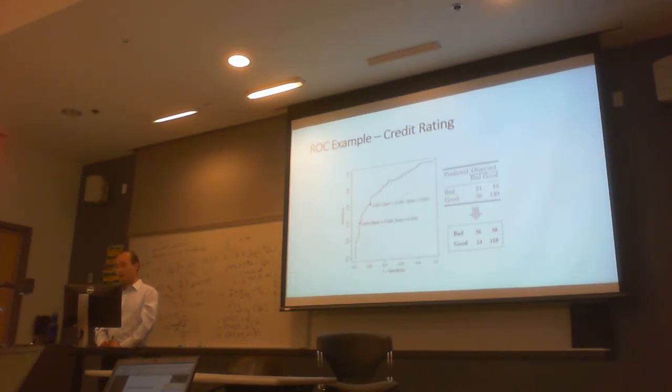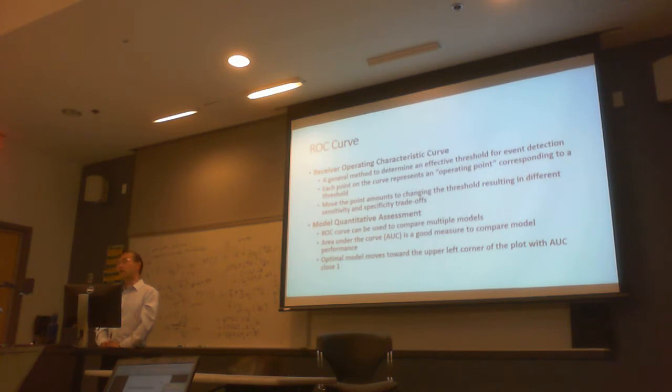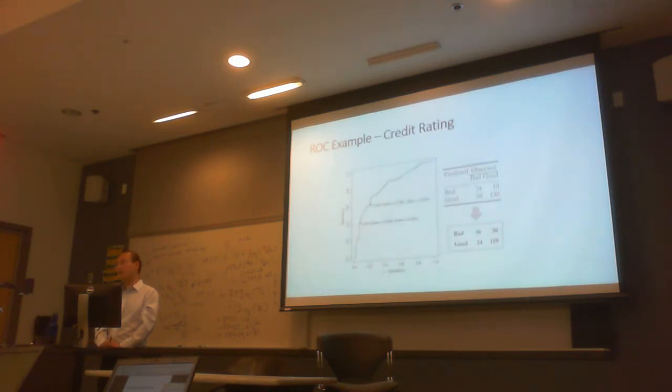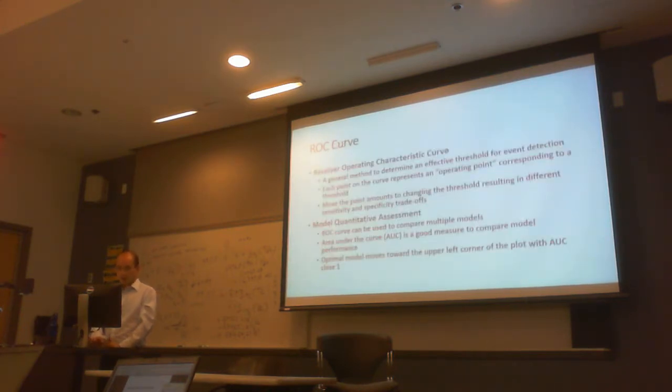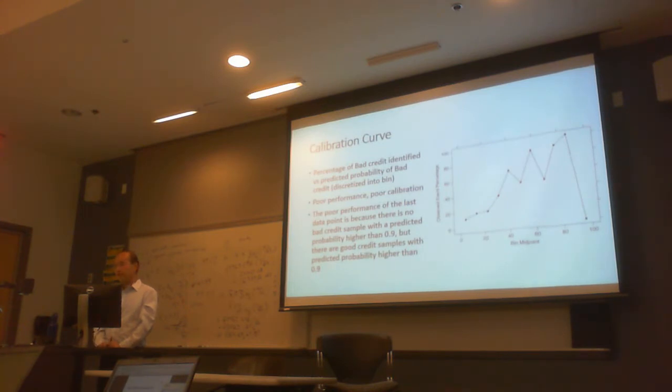Then you can look at either the calibration or the decision curve. The ROC curve is, first of all, easier to understand, and secondly, it's used so often. So the ROC curve is what you absolutely need to understand. And then you also need to understand what the calibration curve and decision curve are telling you and how they are plotted.